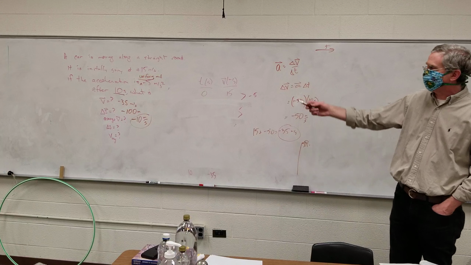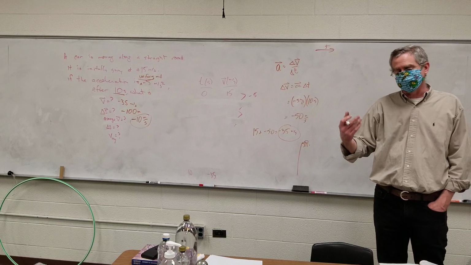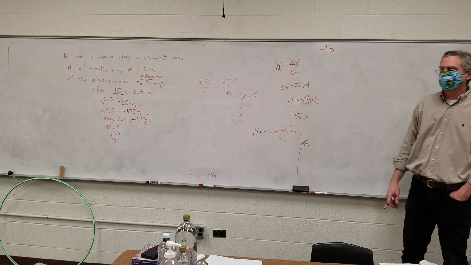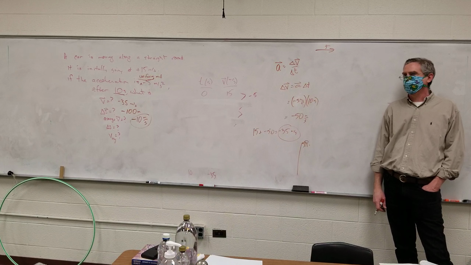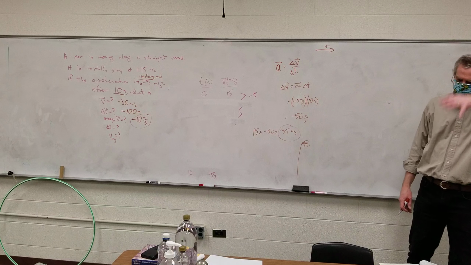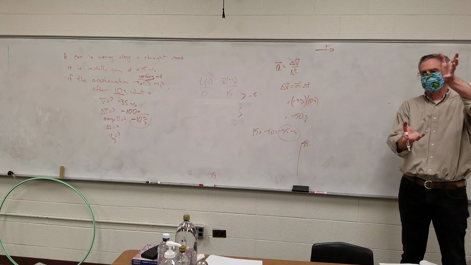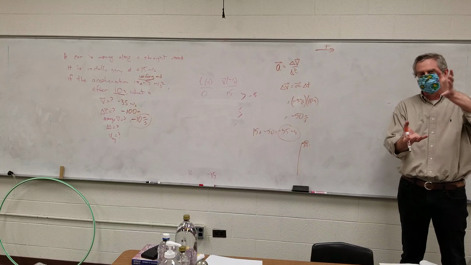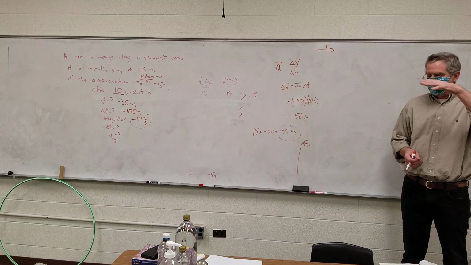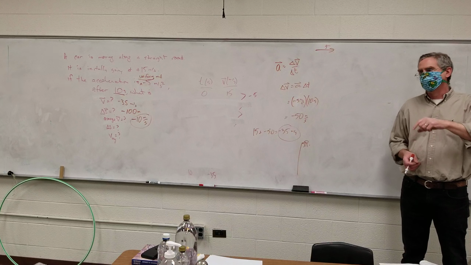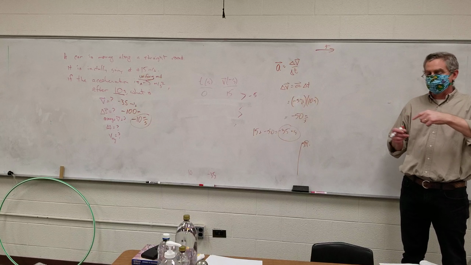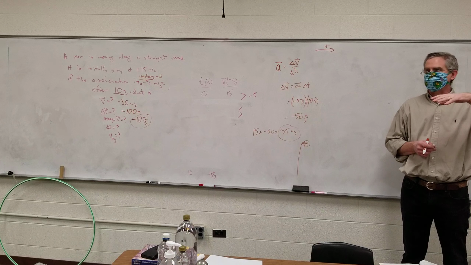Typically, I ask for average velocity before displacement. For some reason, I did it the other way around. And by the way, if I give you a problem where I list out a whole bunch of things, say there's 10 things that I'm asking you to find, I usually put it in the order in which I solve it. Exception here. If you solve it in a slightly different order, that's fine.